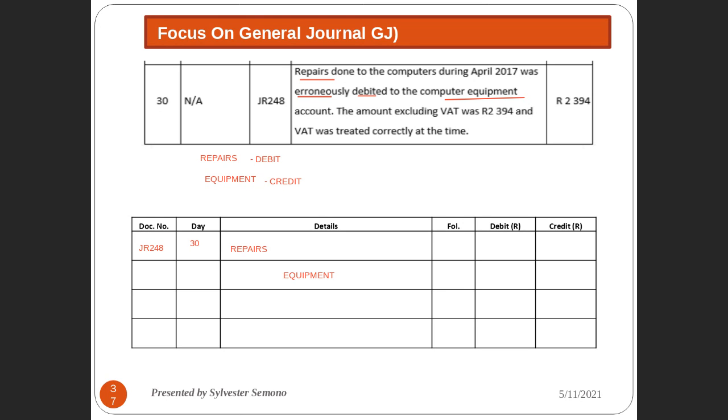Just a correction. Thank you so much. We just have to say 2394. That's all. And they even told you that VAT was treated correctly. So you don't have to worry about VAT, only worry about this amount.